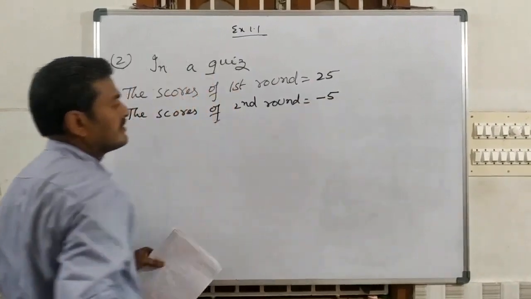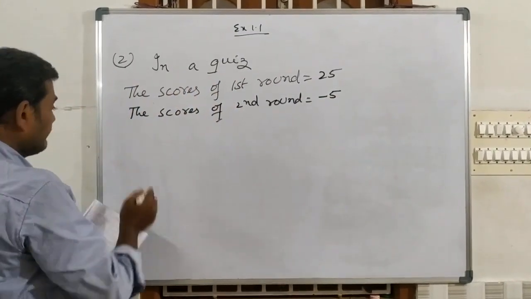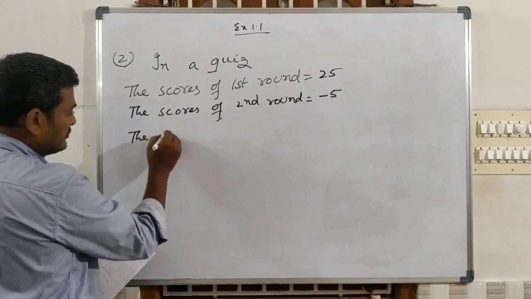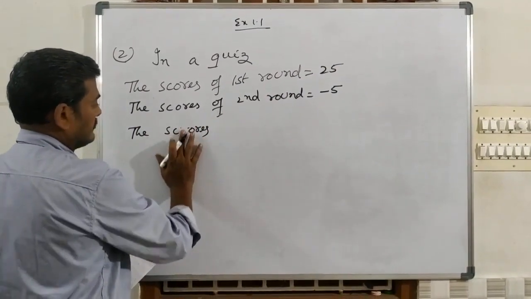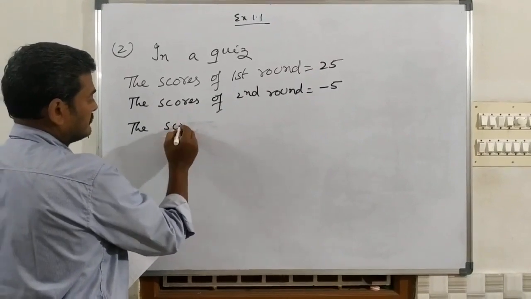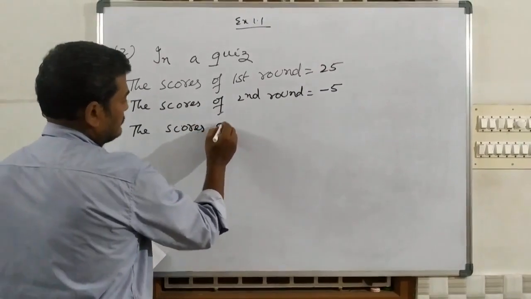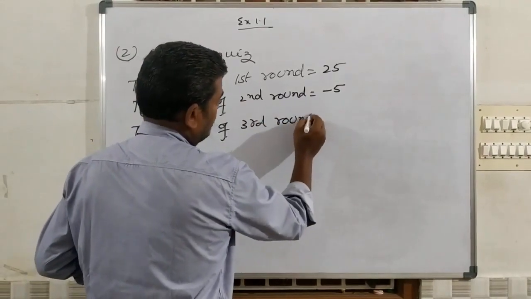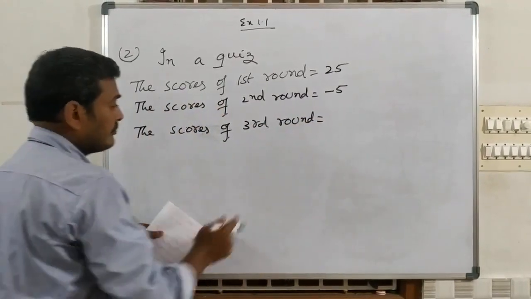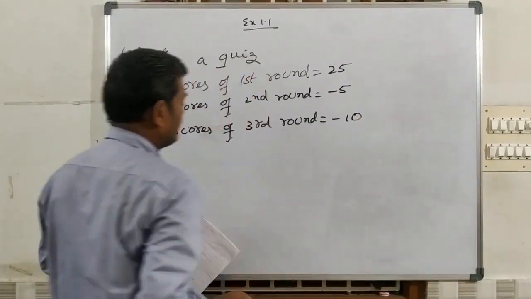The score of the third round is equal to minus 10.